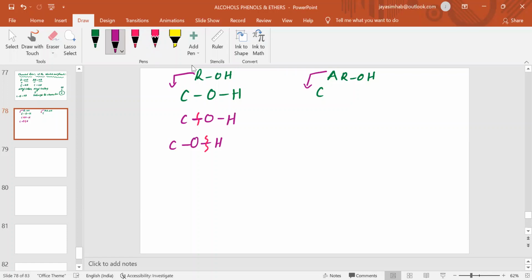Here also, same thing, right? Write like this, C-O-H.